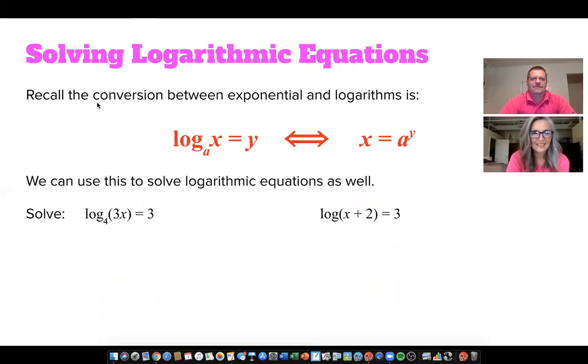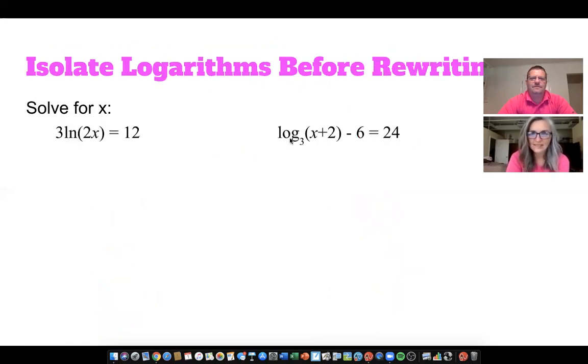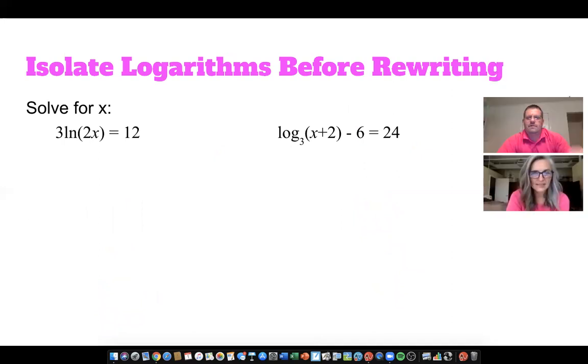All right. You're going to love some of these other ones. Like Miss Young said, if you have a logarithm equals a number, you can go looping like crazy. But what if you don't have log equal to a number? Try to make log equal to number. If you do, then you're good. But I don't. I have 3 times log. Well, I can get rid of the 3, and then I have log equals number.